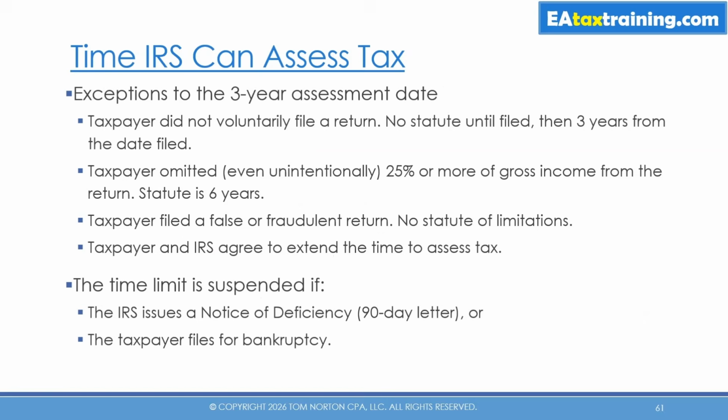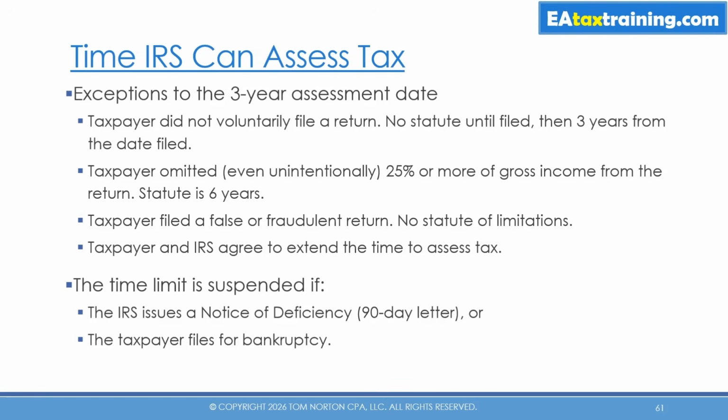There are some exceptions to this 3-year assessment date. First of all, if the taxpayer did not file a return, then there is no statute of limitations. So there's no statute until the return is filed. Once they file it, then it is 3 years from the date it was filed.